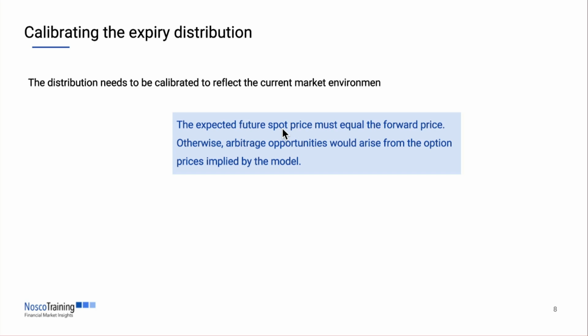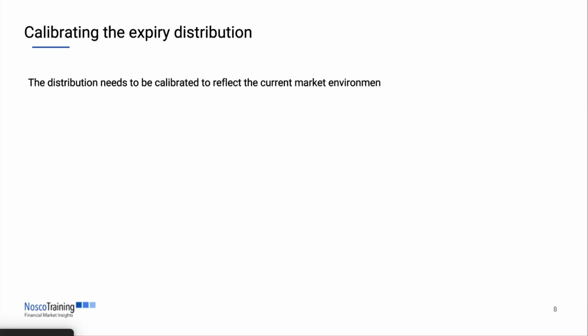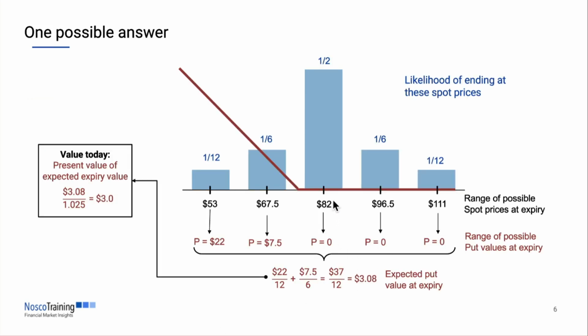Remember, I did that in the distribution I showed you before. Here I put the 82, and remember 82 was actually the forward price. Why? The spot price was 80. The option was a 6-month option, and interest rates are 5%. So if you calculate that, 5% of 80 is 4, but it's half a year. So half of 4 is 2. So the forward price would be 82.